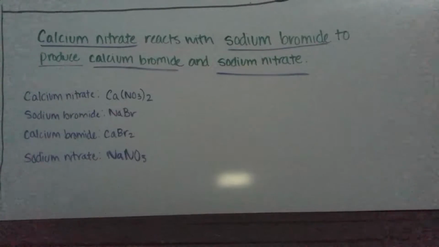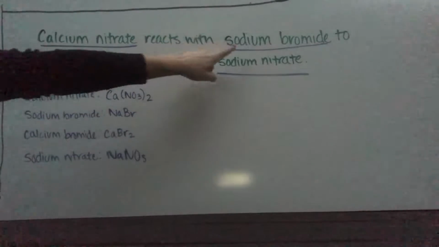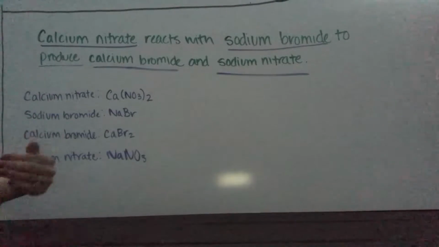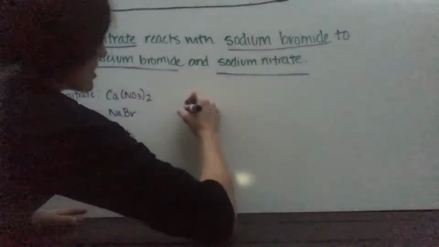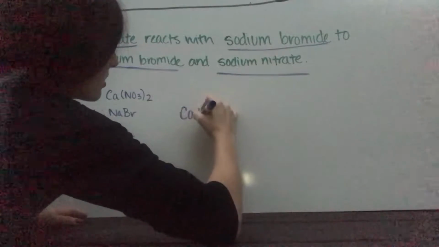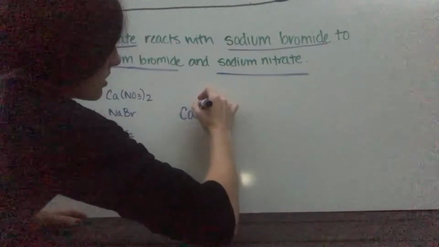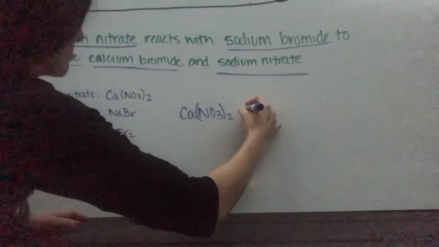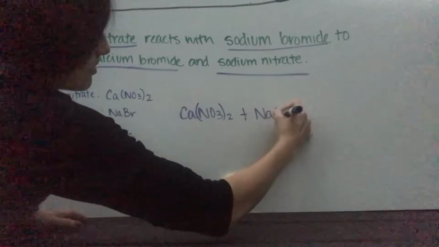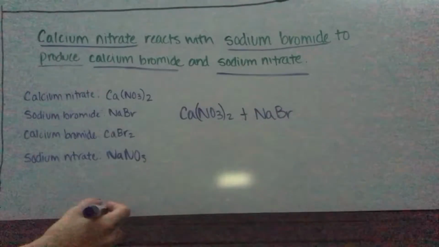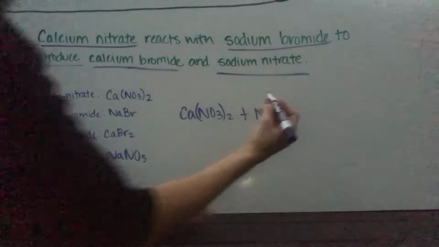So if I put these into equation form, I'm going to put the thing that reacts with the other thing on the left side of the equation, like this. And then I'm going to put an arrow where it says to produce.